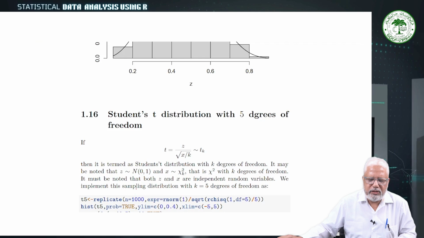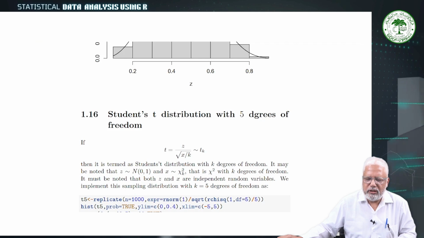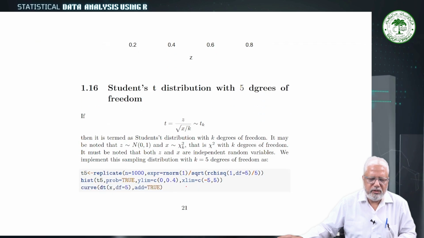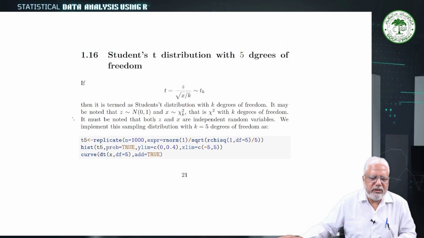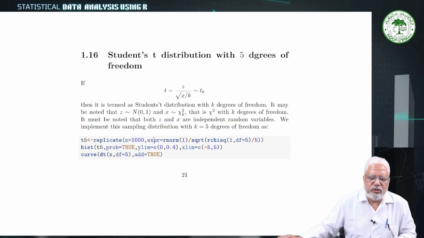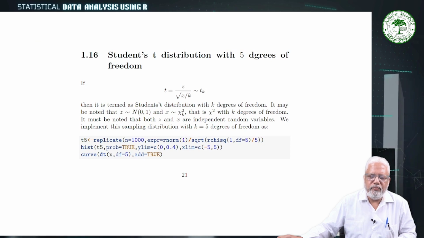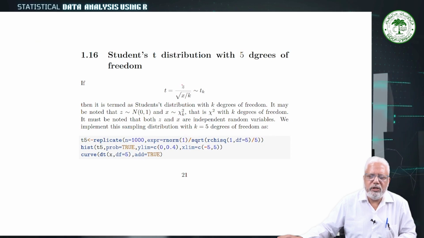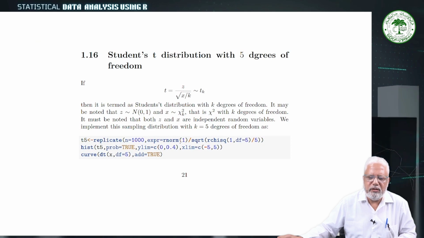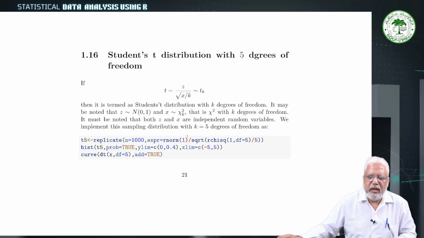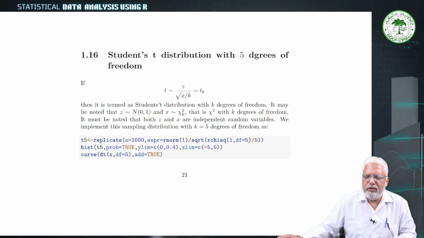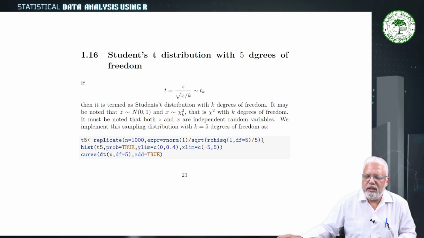We implement this sampling distribution with K equal to 5 degrees of freedom in R. What we are doing? T5, T with 5 degrees of freedom. Replicate, N is equal to 1000, expression, rnorm. rnorm 1 means we are simulating a standard normal variate, a single sample from Z, and dividing by the square root of rchisq with 5 degrees of freedom divided by the degrees of freedom.